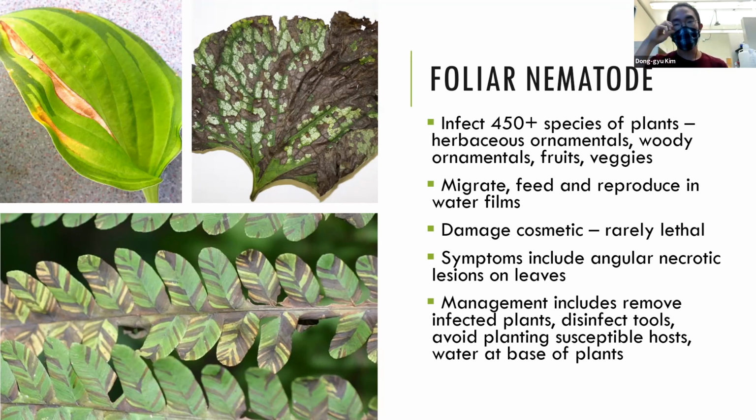Through this, the foliar nematode infects and causes symptoms in over 450 species of plants, including herbaceous ornamentals, woody ornamentals, fruits, and vegetables. The damage is rarely lethal, but if you are growing ornamental plants and these nematodes are crawling up into your leaves and causing cosmetic damage, you can see how this can become a problem really quickly.